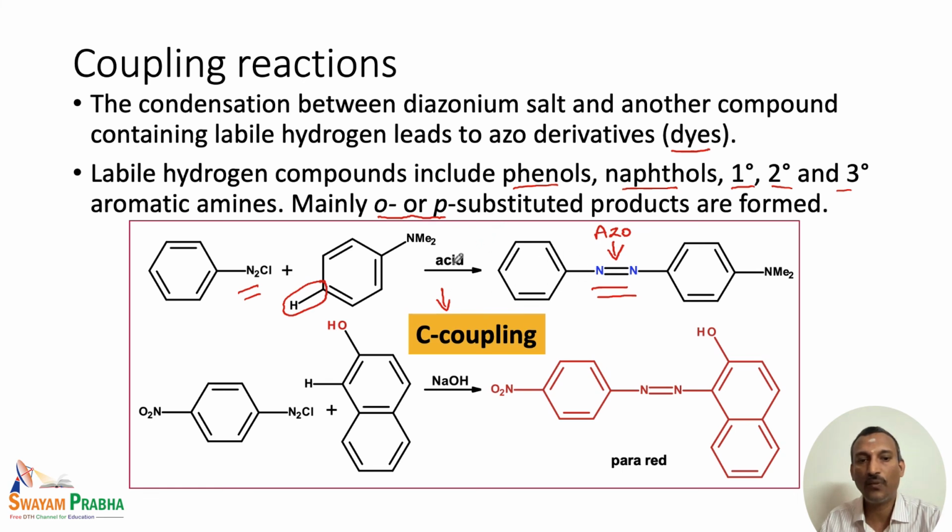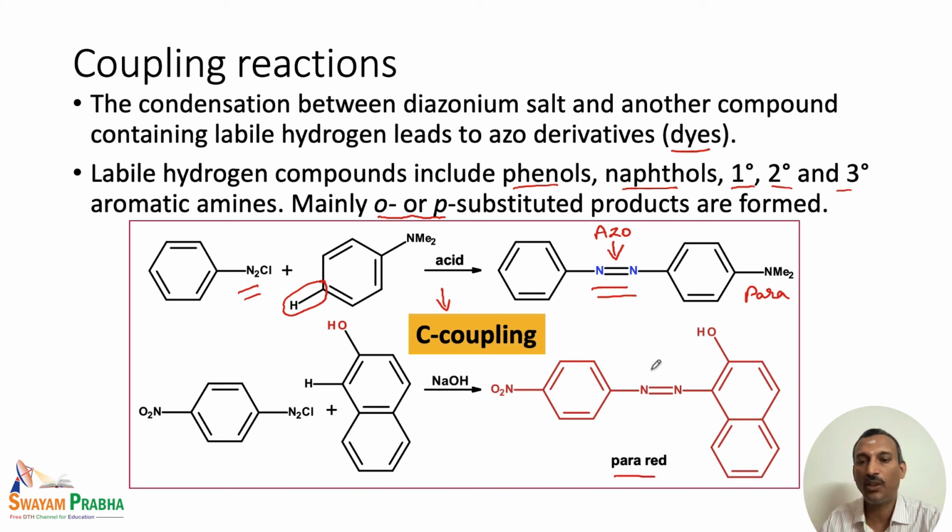Here in the first example we have the para substituted derivative, and in this compound we have the ortho group substituted. We have the nitro group in the para position, so that is the reason this compound is called para red, and it is a red dye.